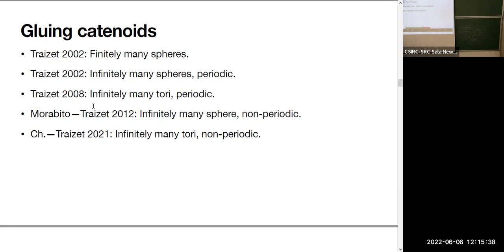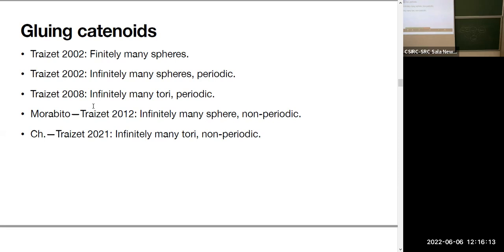Just go on. And then in 2008, he glued, instead of spheres, those tori, in a periodic way. And this would give you, if you have tori, it is doubly periodic horizontally, and then you have a vertical period. This gives you a triply periodic minimal surface.